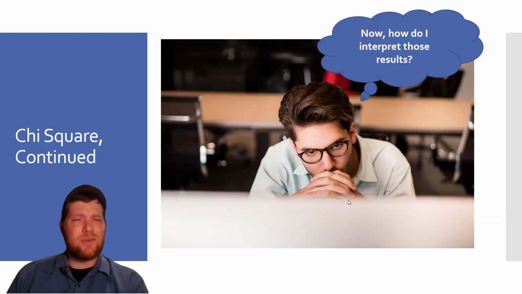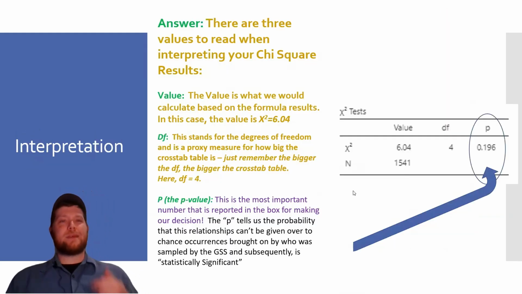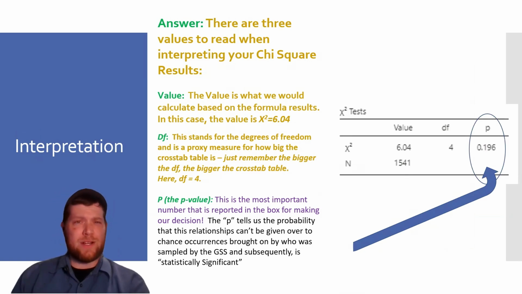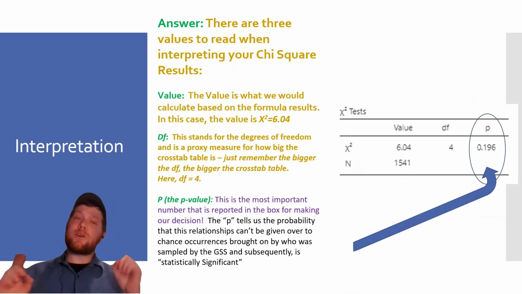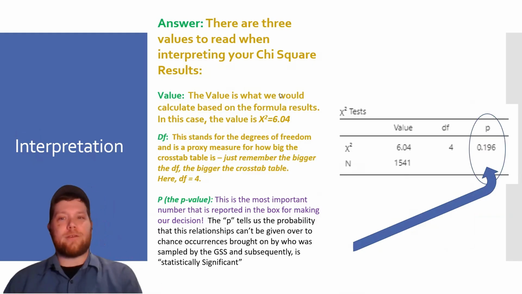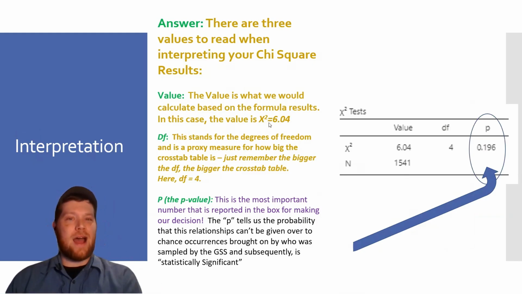So how do I interpret these results? There are 3 values you want to read when interpreting your chi-square results. The first one is just the value itself. It's using chi-square, x squared, or chi dash sq. All those things are fine. Having the 6.04 is just stating the value that the computation comes up with.